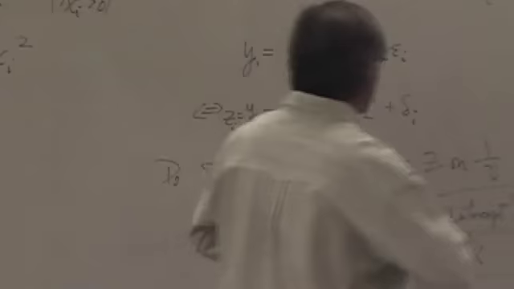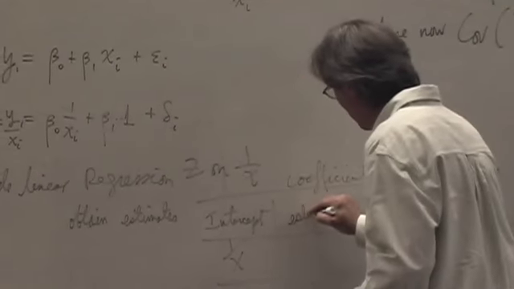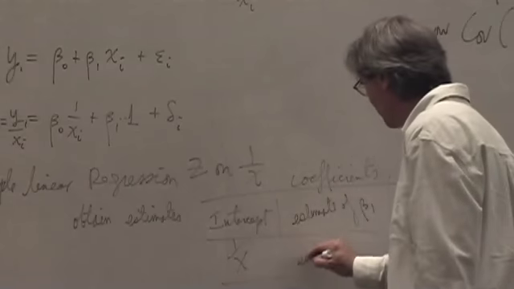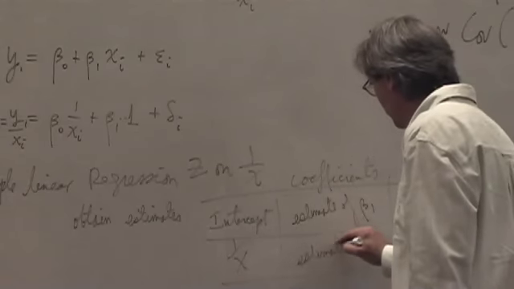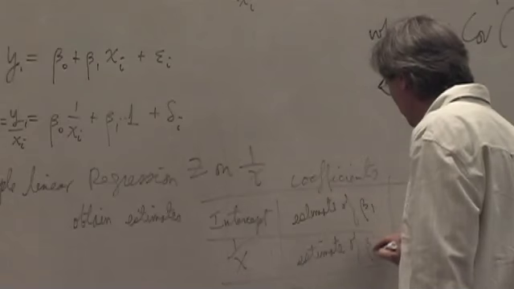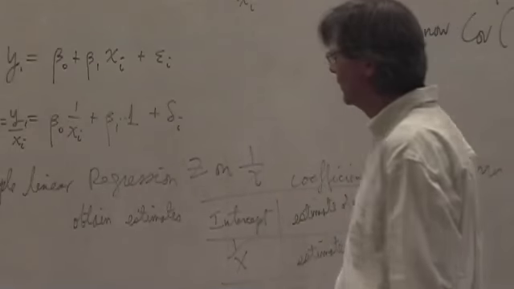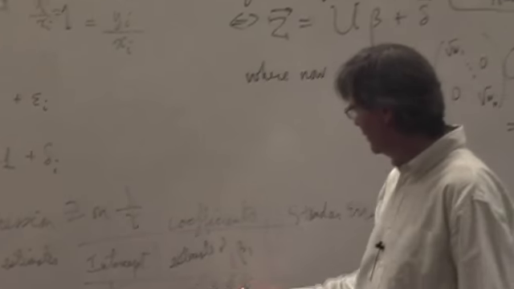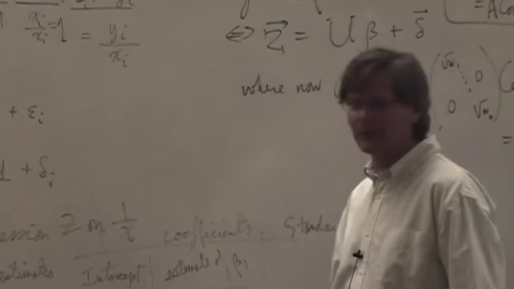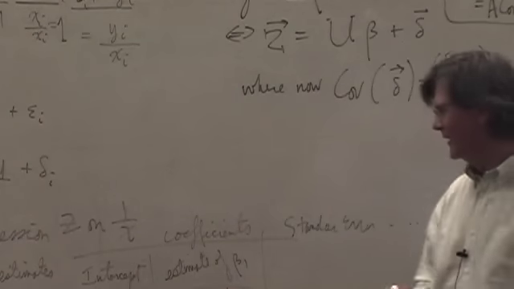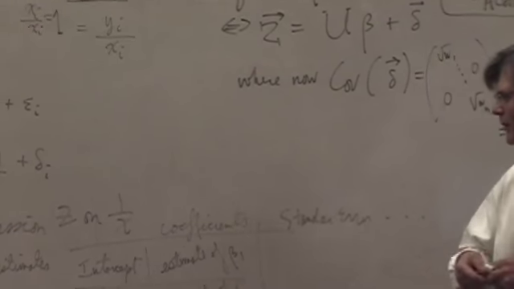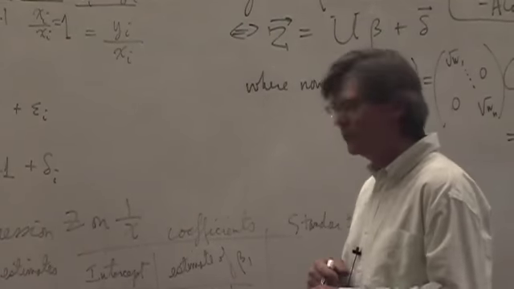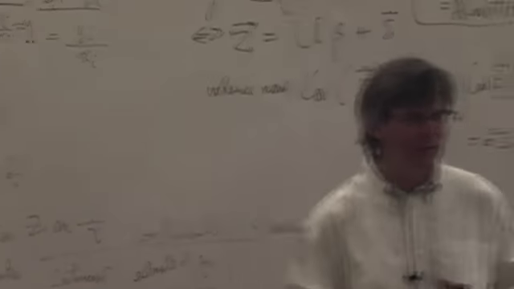So this is going to be my estimate of beta 1, and this is going to be my estimate in my original model of beta 0. Remember, the betas are the same as they were. But because of the way this is working out, the estimate of the slope of the z equation is actually my estimate of beta 0 in the original equation.